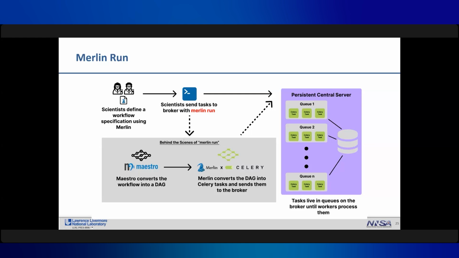What's going on behind the scenes is Merlin is using Maestro to generate the DAG to tell us which steps depend on what and what to run first. Then it takes that DAG and converts those tasks into Celery tasks. Those Celery tasks are sent to the central server, and they exist on different queues within this server. They'll live here until we spin up the workers to process the tasks.